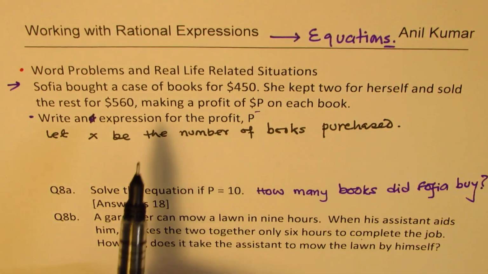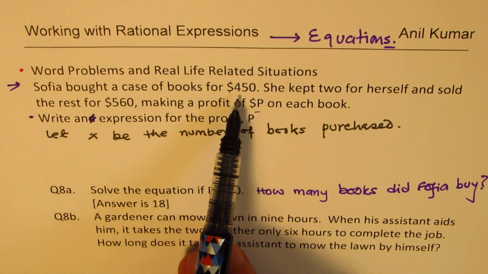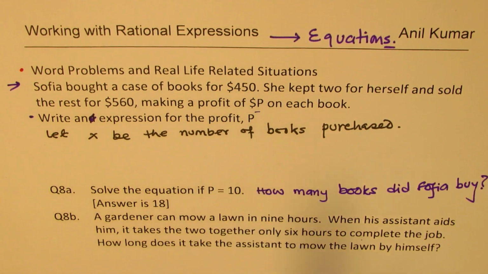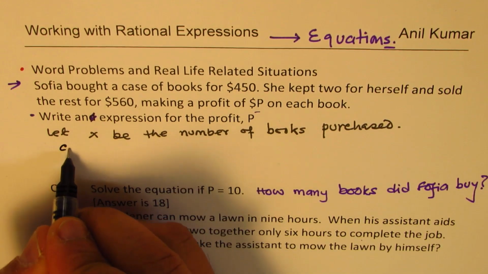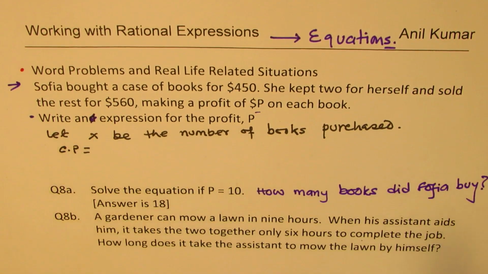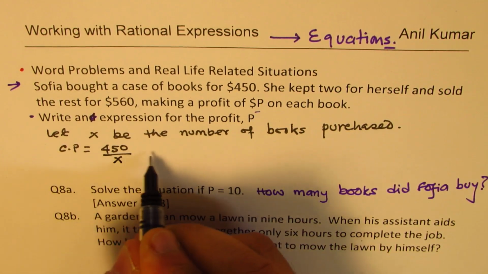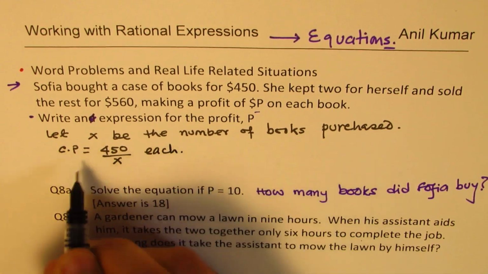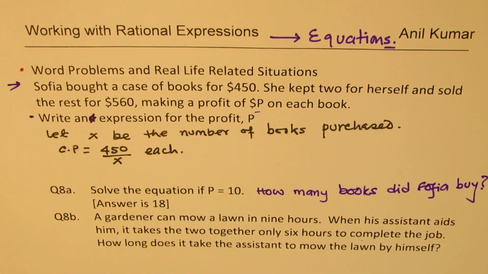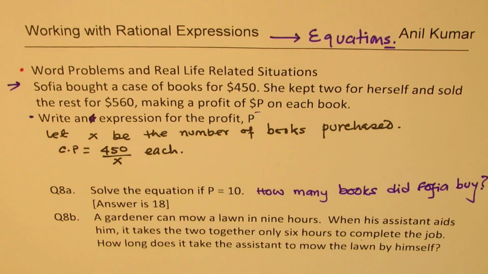Correct. Now, since the purchasing price total is 450, right? So we say the cost price here is how much? So X books are purchased for $450. So it is 450 divided by X each. That is the cost price for each. Now it says she kept 2 for herself. Okay.